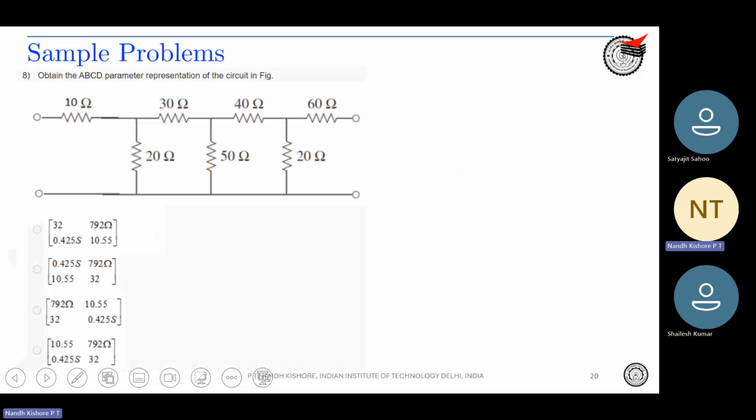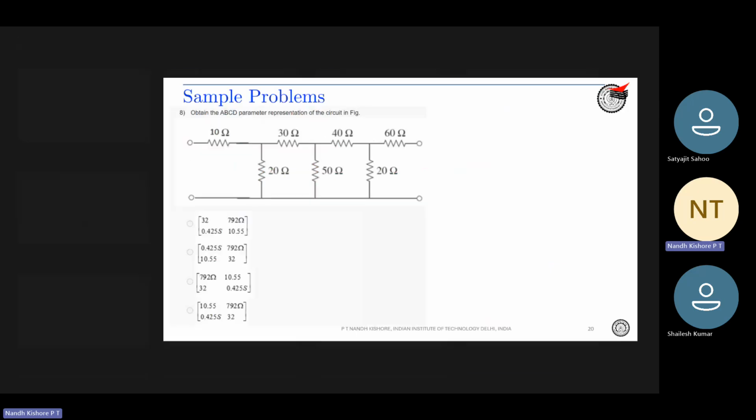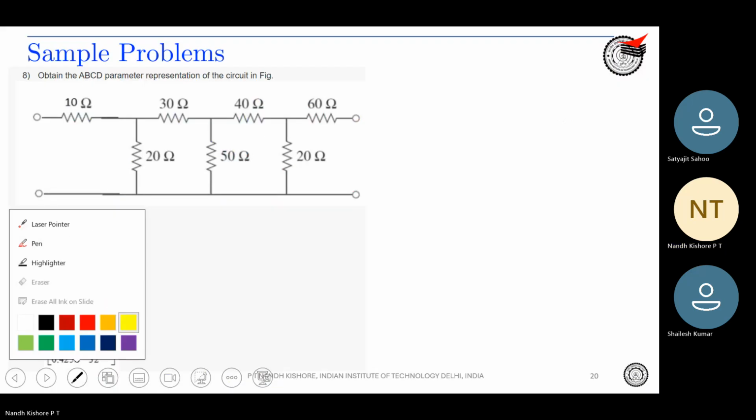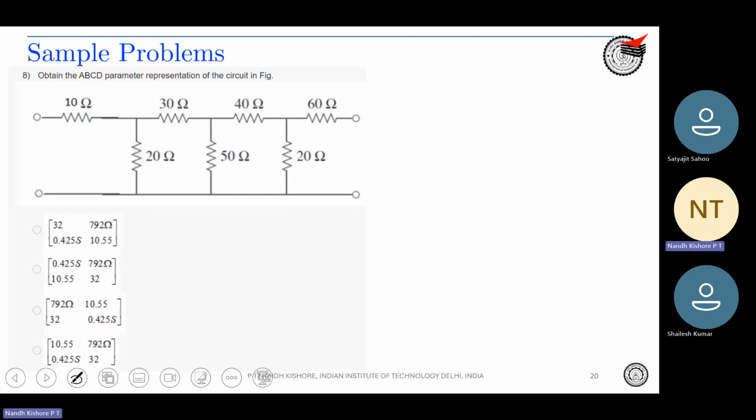Right. Again, very similar problem. So we have to break this down into matrices. So how do we write? This would be 1, 10, 0, 1. This would be 1, 0, 1 by 20, 1. It's 1 by 20, not directly 20, since it's an admittance.